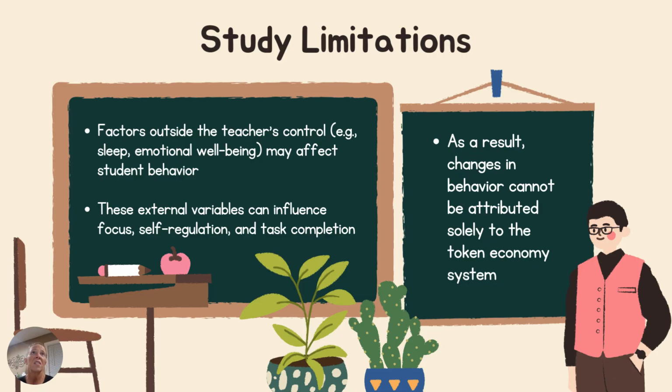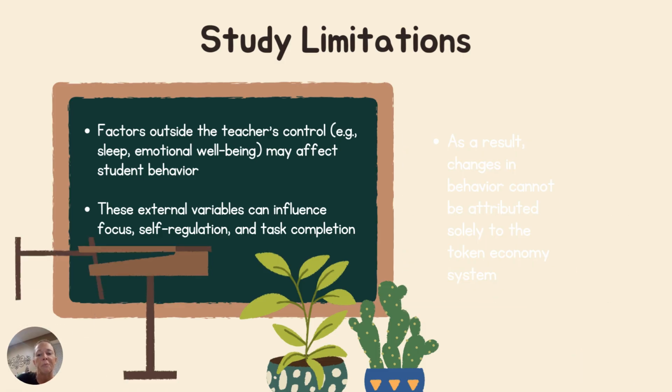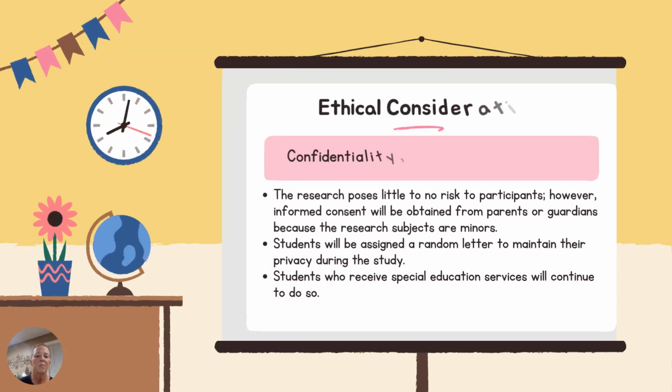So there are all kinds of outside factors that can influence or affect a student's behavior from day to day, and we can't control that. External variables can influence a student's focus, how they self-regulate, and whether or not they're going to be able to complete tasks. As a result, changes in behavior cannot be attributed solely to the token economy system, but we have to take that into consideration.